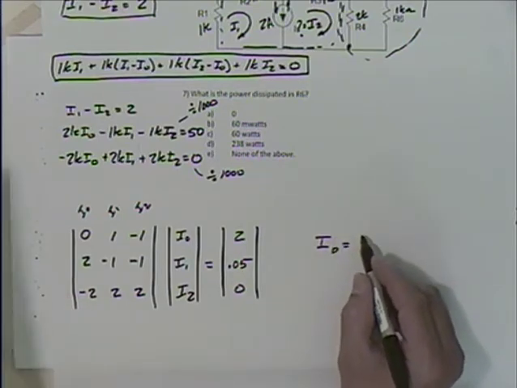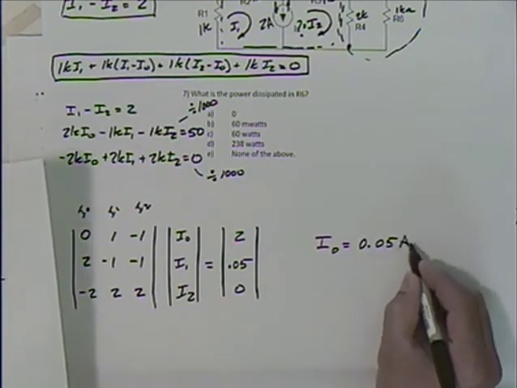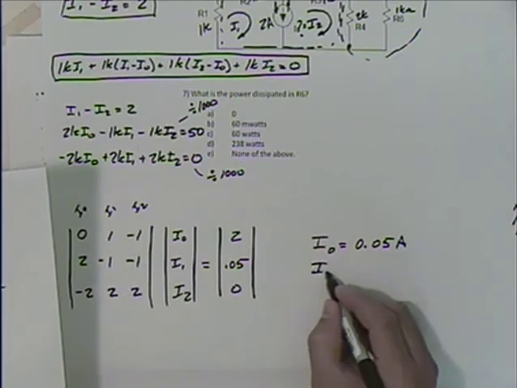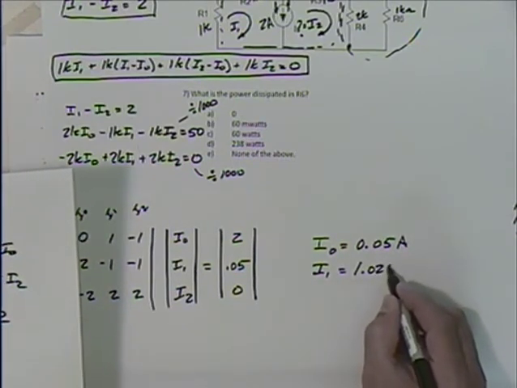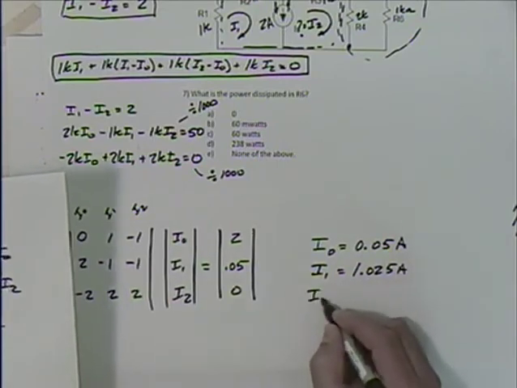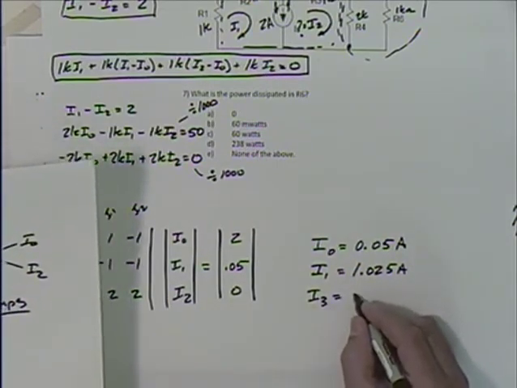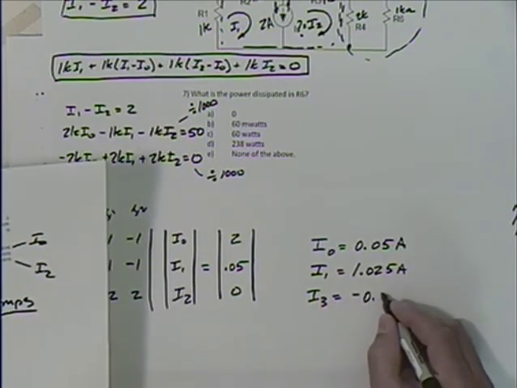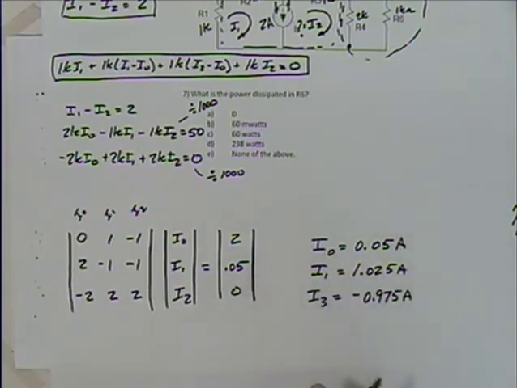I naught is 0.05, and that's amps. I1 is equal to 1.025 amps, and I2 is equal to minus 0.975 amps.